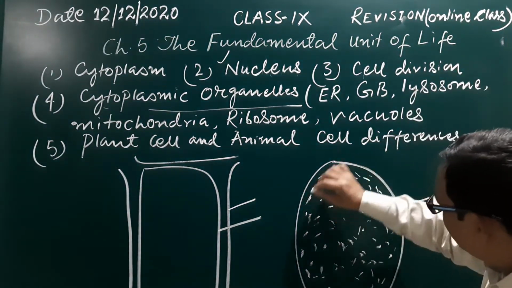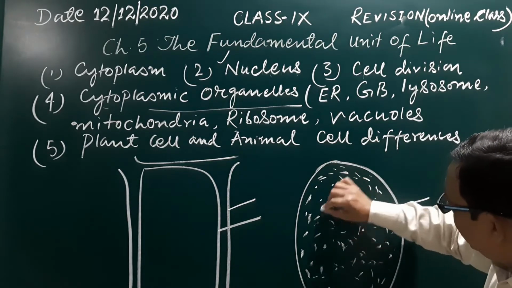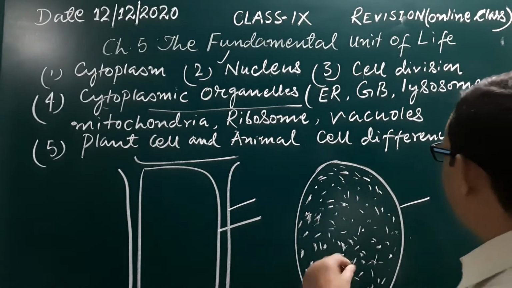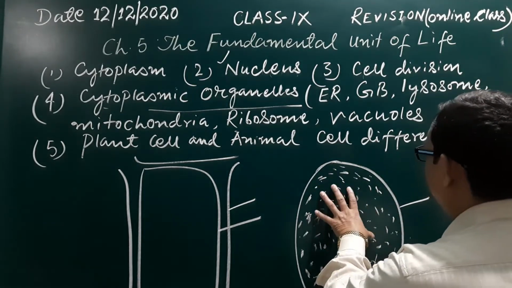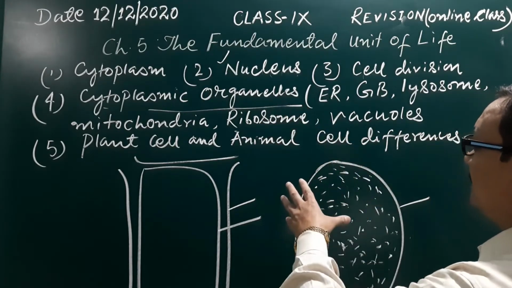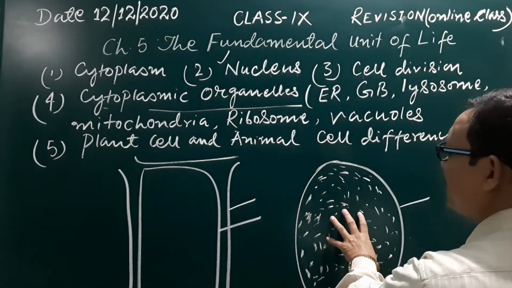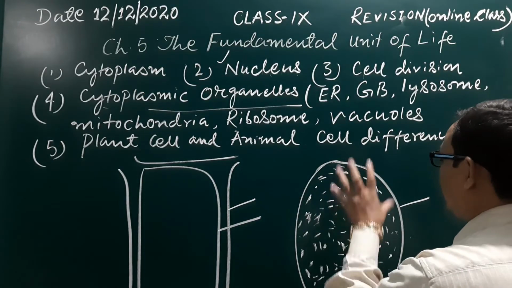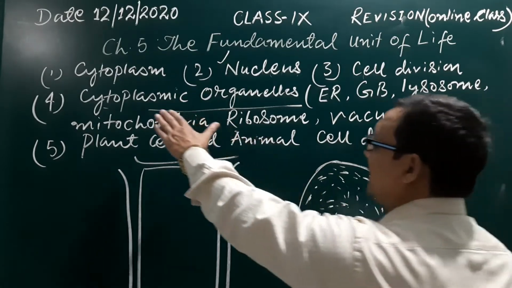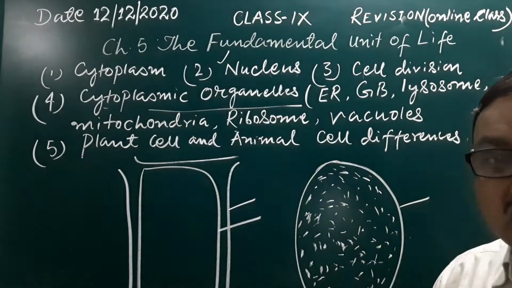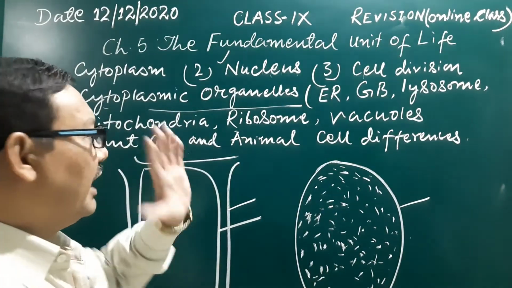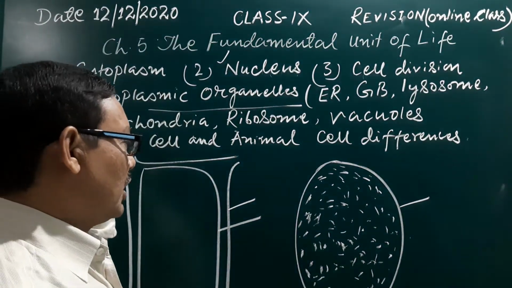Just within this membrane there is a matrix, a jelly-like or fluid substance, which is the place for the nucleus, the place for the other non-living substances, and the place for the different living cytoplasmic organelles having different structures and different functions.